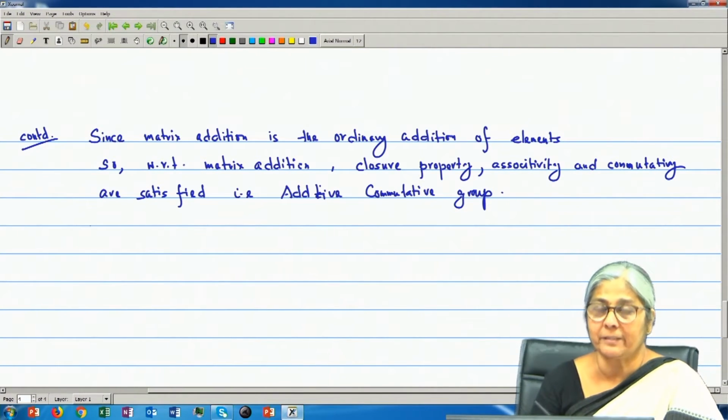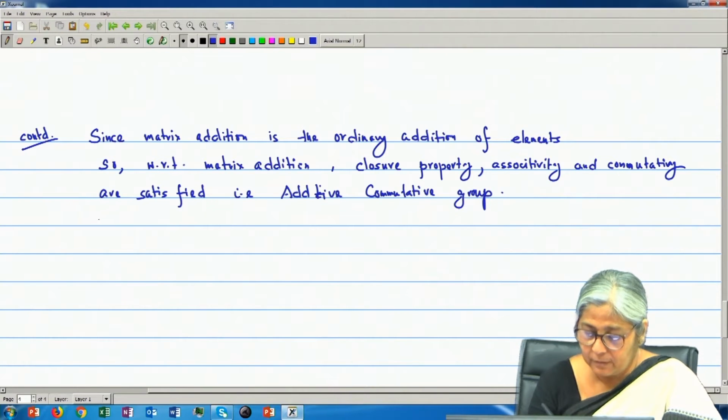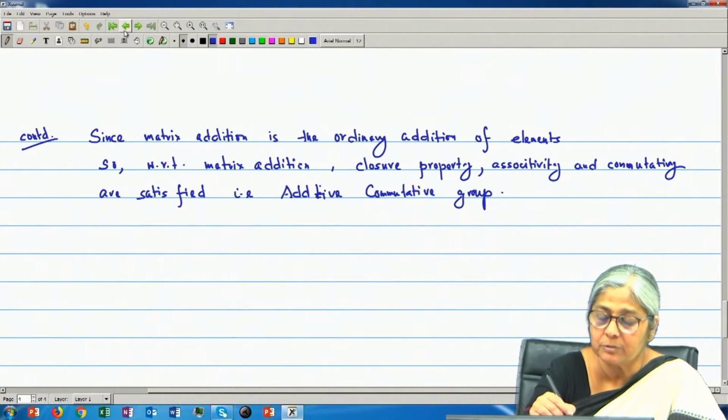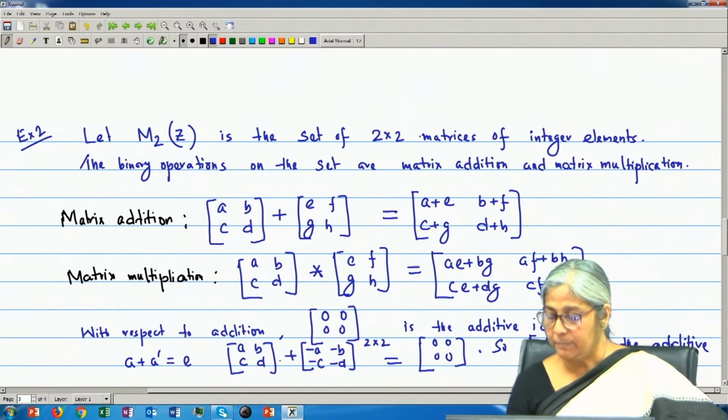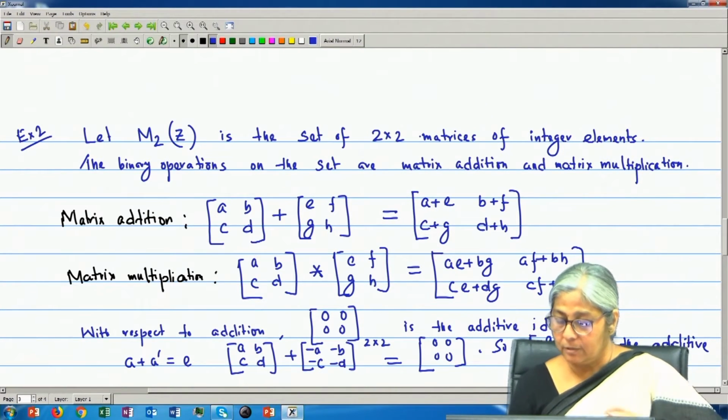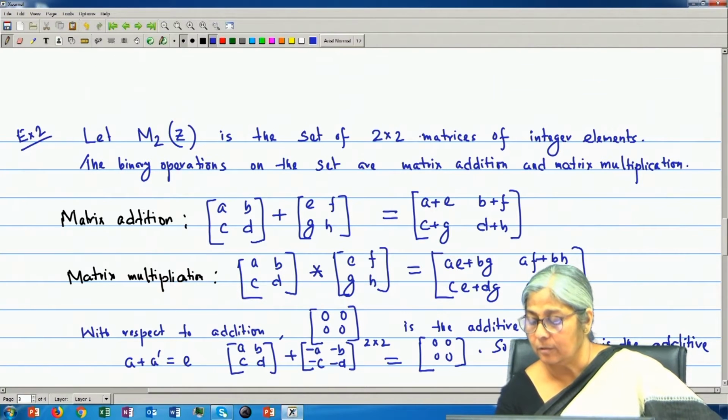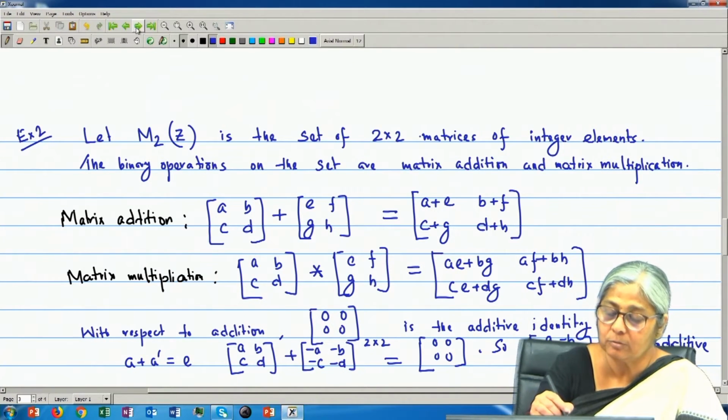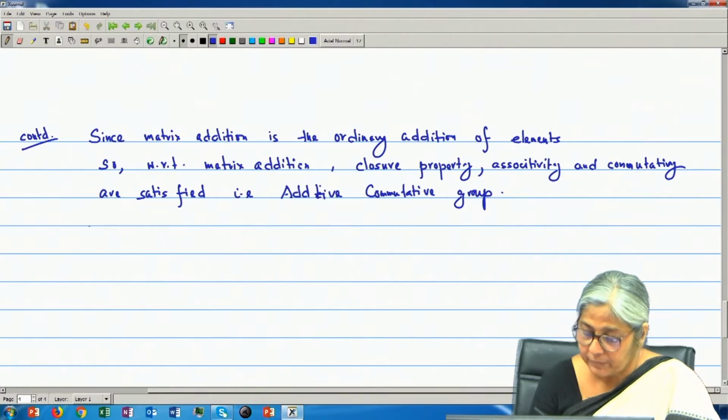Now, what about the matrix multiplication? Matrix multiplication is defined using ordinary multiplication and addition, so the closure property holds.